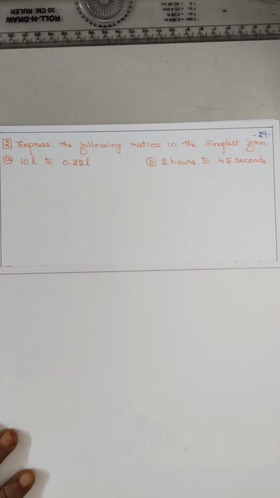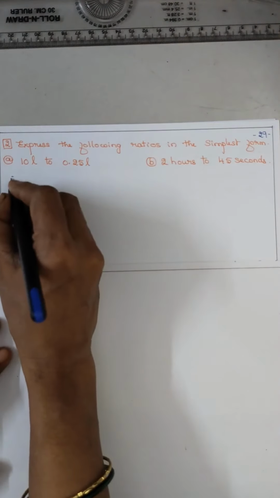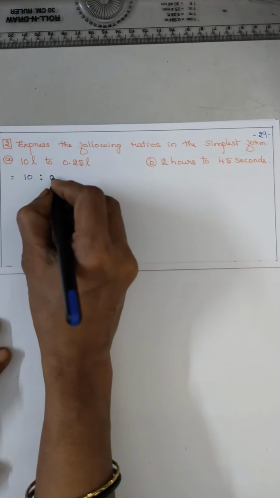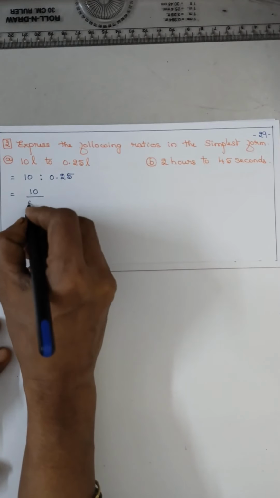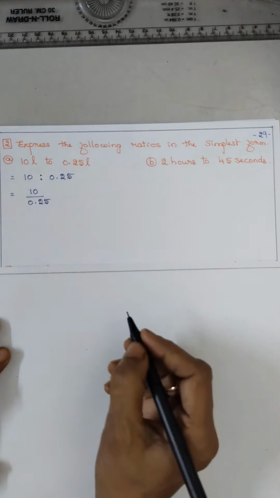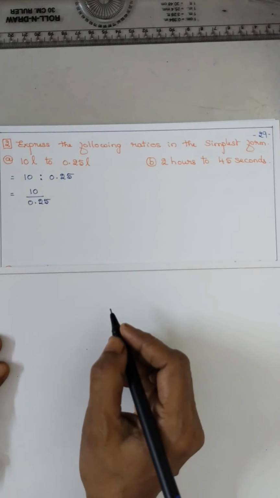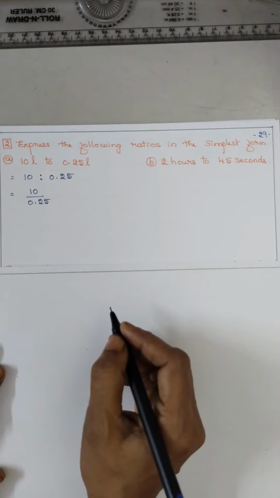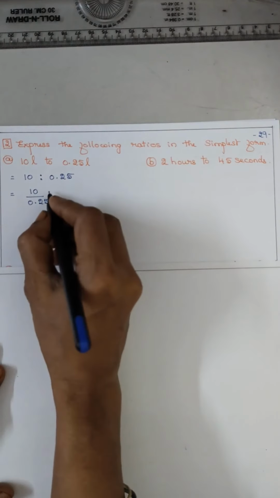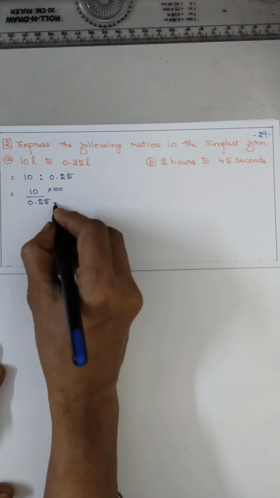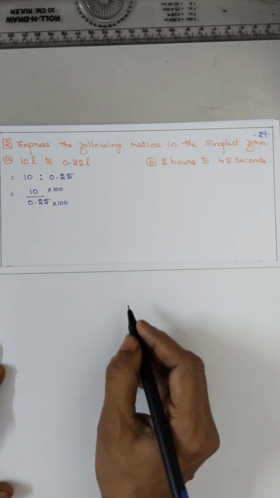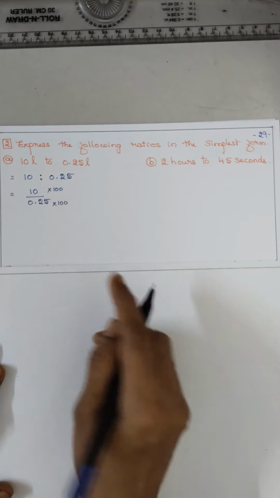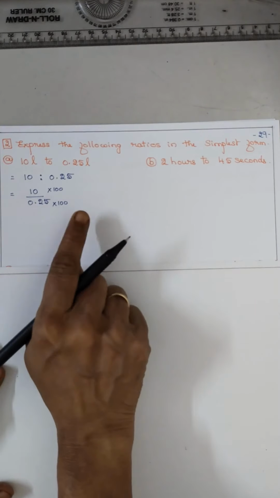So it will be 10 is to 0.25. Now fractional form, 10 upon 0.25. Now in the denominator it is a decimal, so remove the decimal, multiply by 100, multiply by 100. Why? Because 2 decimals. Remember the decimal lesson, 5th standard topic, isn't it? To remove the decimal, if it is 1 decimal, multiply by 10.